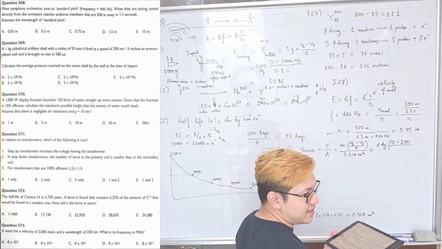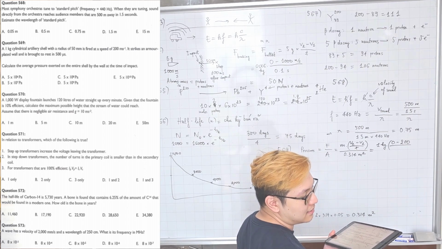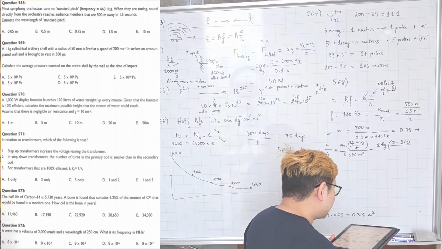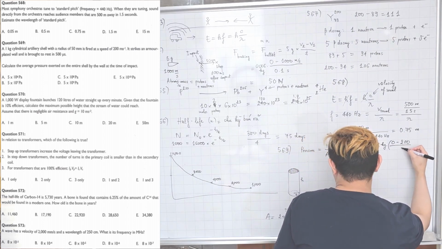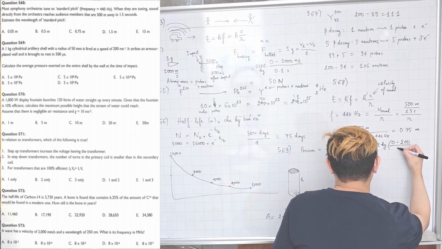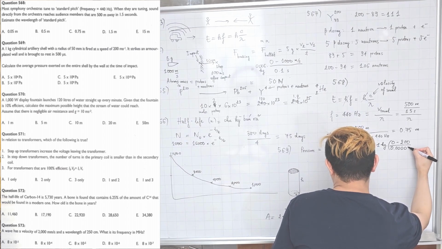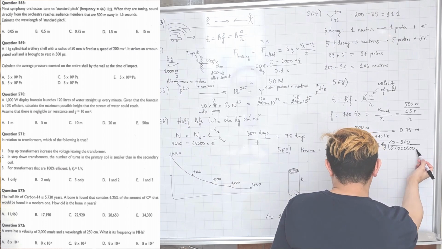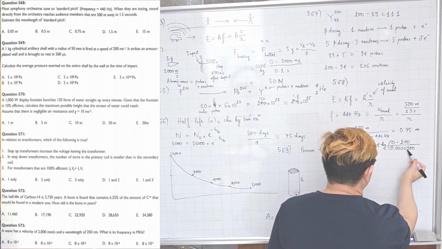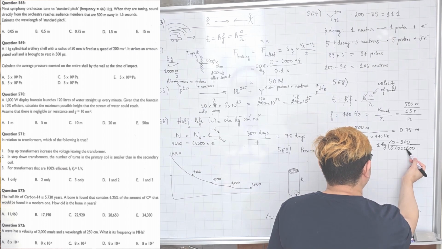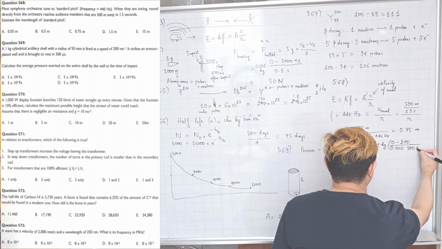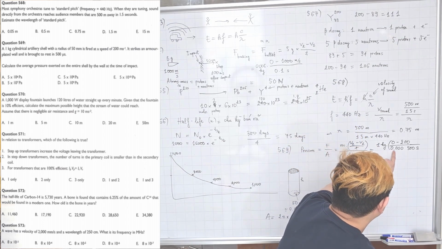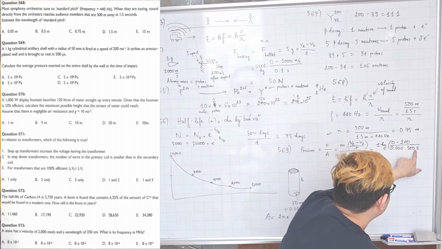500 microseconds. What is micro? Micro is 1 out of a million. So it's going to be second, millisecond, microsecond.